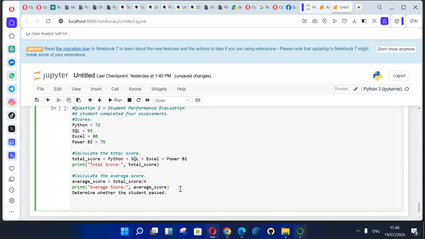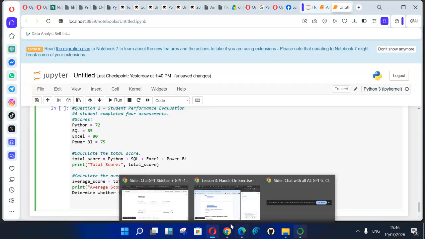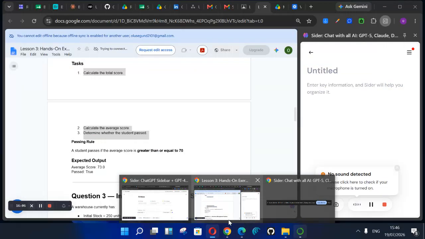Okay, average score, total score, average score, and what else? Now let's determine whether the students passed. For that question, there is a rule. A student passes if the average score is greater than 70. That's the rule.